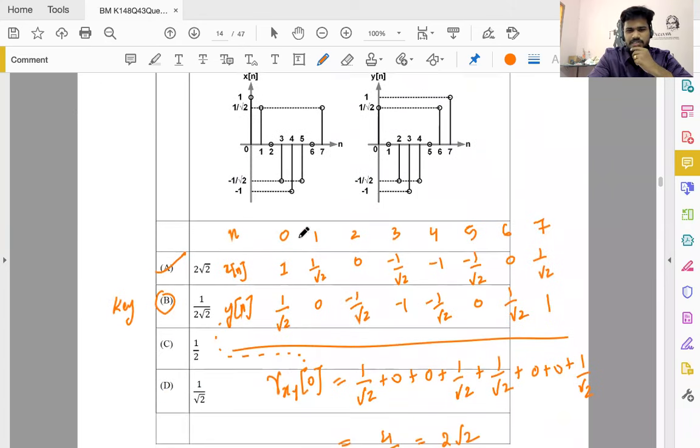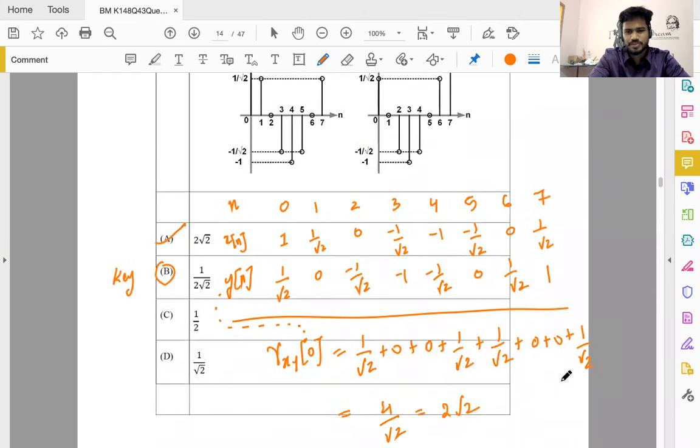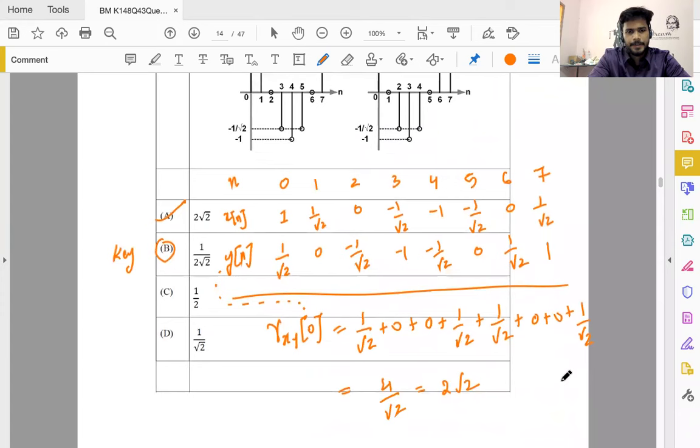And certainly this is the cross correlation, just the product of these two, sum of products. And I think this should be contended. This should be challenged. That's my call based on whatever I know about cross correlation.